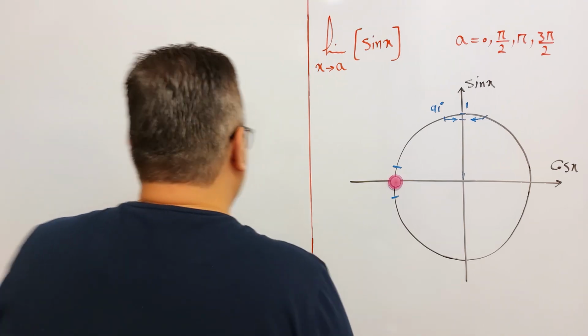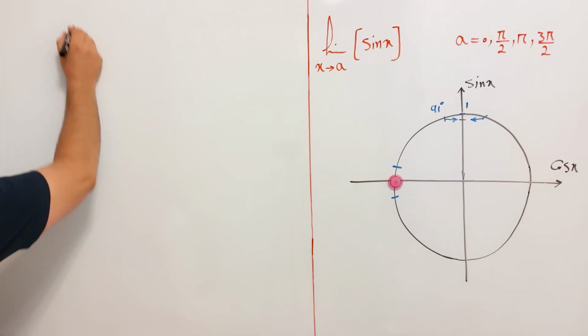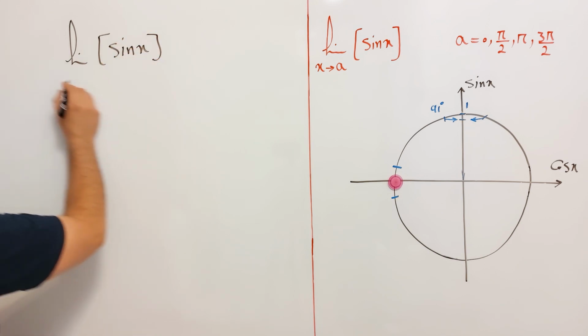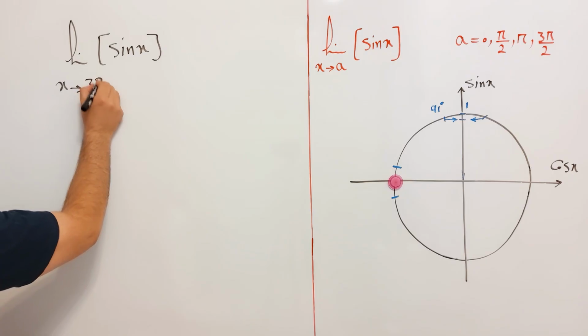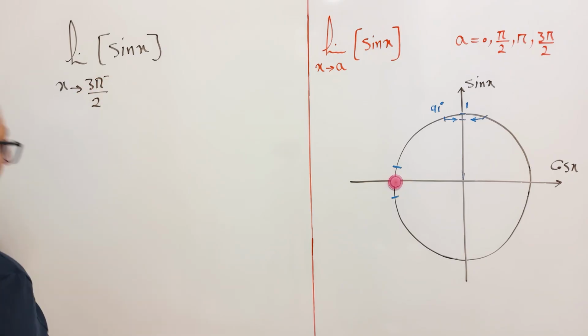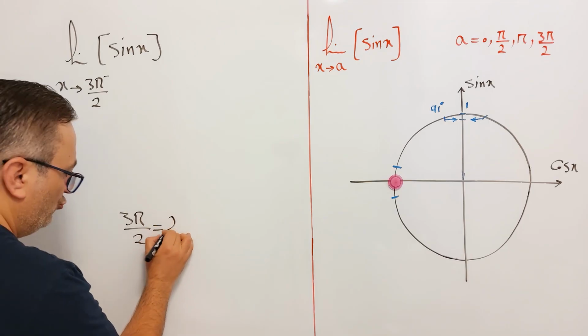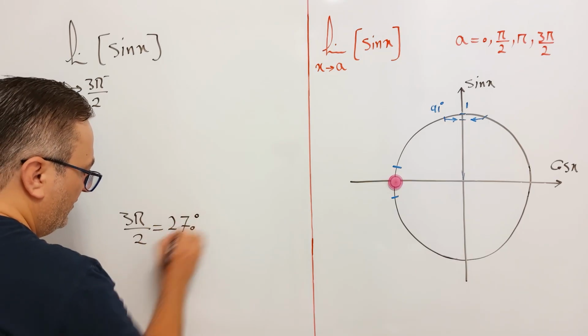Finally, 3 pi over 2. The limit of the floor of sine of x as x approaches 3 pi over 2 from the left. 3 pi over 2 is equal to 270 degrees.